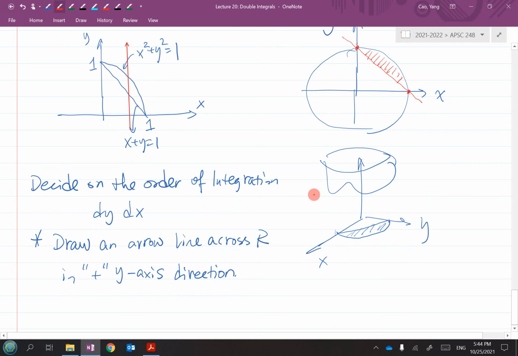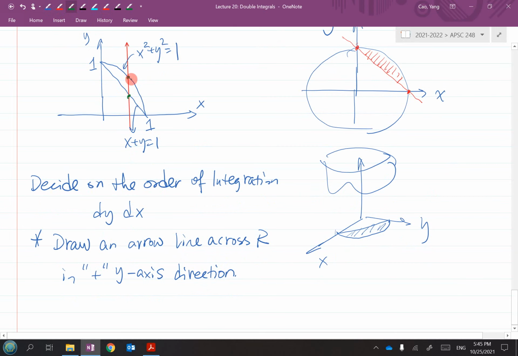We draw it across the region R. That's the step of scanning in the y-axis direction. And then you look for the so-called first contact point and the second contact point.